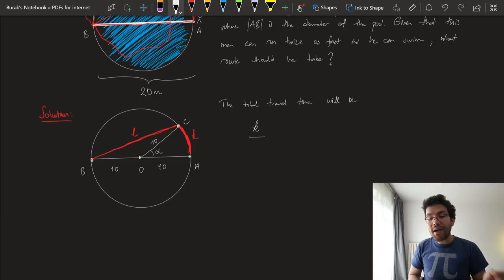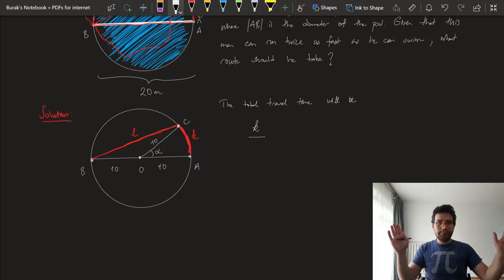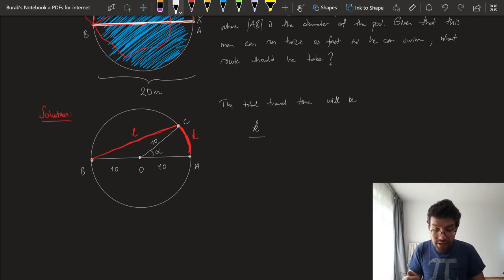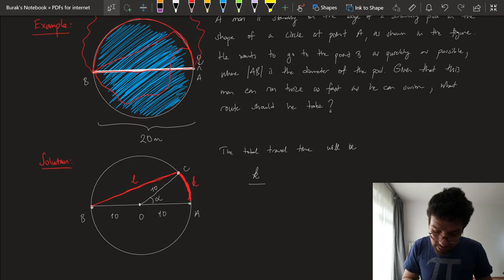okay, he can run twice as fast as he can swim. So I'm just going to pretend that his running speed is 2. I'm not going to specify any units. I mean, if you want, I can give some units in the question. I can say that he can run 2 meters per second, and he can swim 1 meter per second. Maybe I should do this.